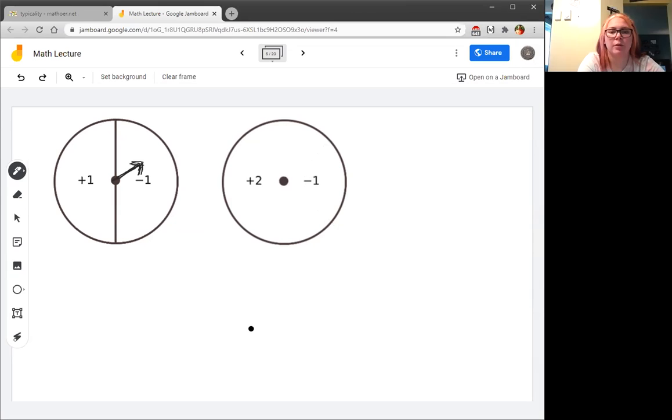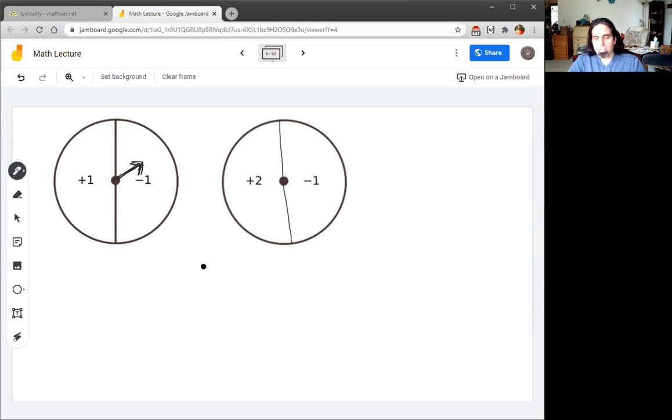Wouldn't it just be down the middle, just like the other one? If that's where the line was, let me put my spinner a different color. So if that's where the line is, then half the time we will get a +2 and half the time we'll get a -1.